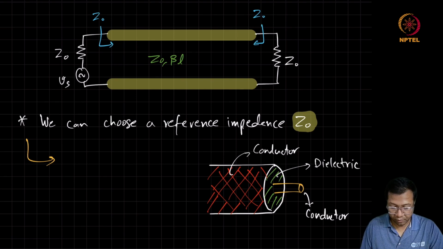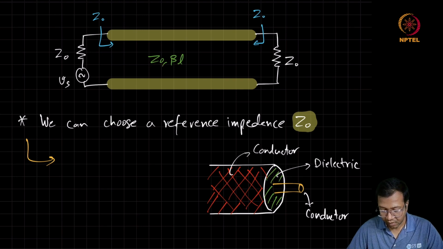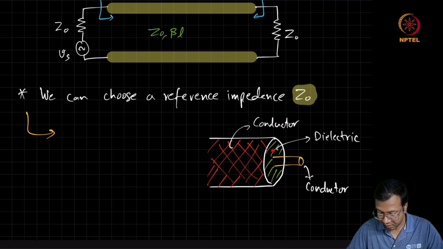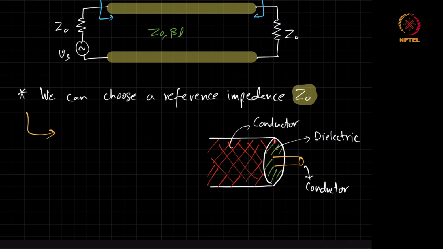So when we have to choose a value of a reference impedance, mainly this gets decided by the way the transmission line is constructed. And here we can see that Z0 will depend on the spacing between the center conductor and the outer conductor and the dielectric constant of the material in between the two conductors.